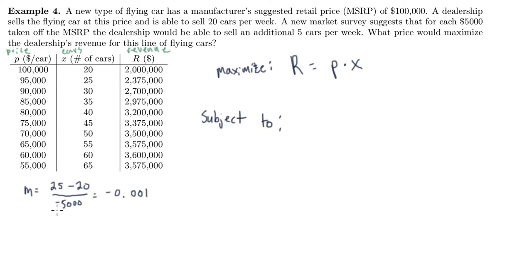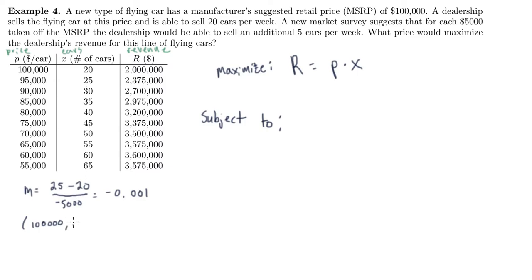Okay, so per dollar you decrease the price per car, you're going to sell 0.001 car approximately. That's what that means. And we can just use any old data point.